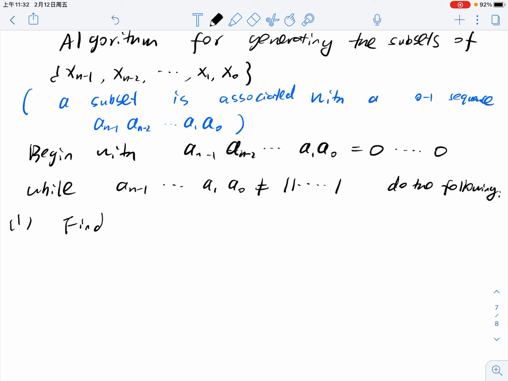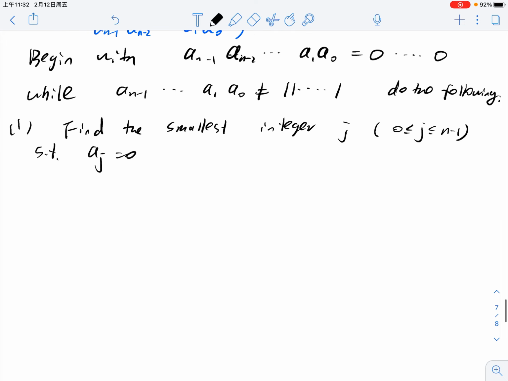First, find the smallest integer j, where j is between 0 and n minus 1, such that a_j is 0.